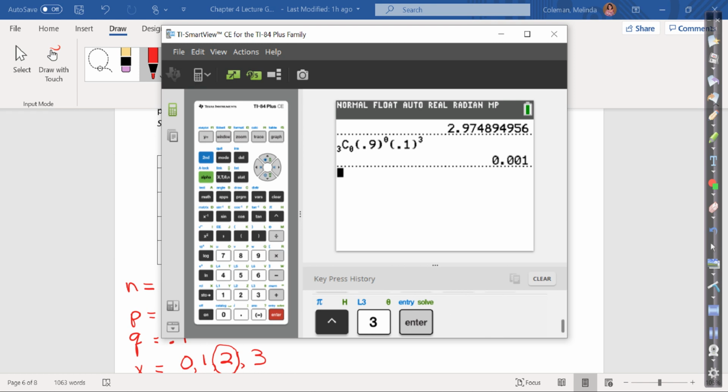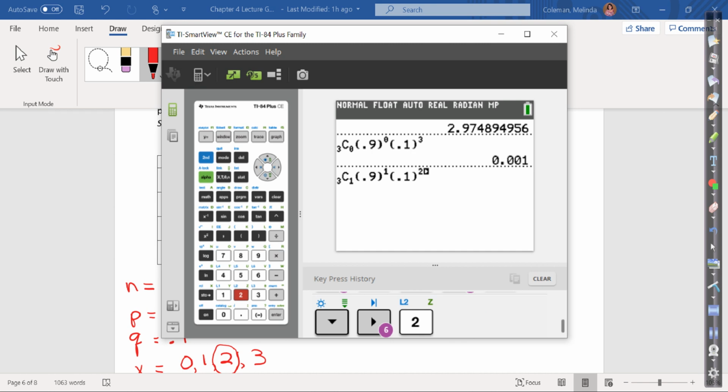Now, to help with all the struggles of this calculator, one of the best buttons on here, if you haven't already found it, is the back button, which is this second enter button. So if I hit second enter, that gives me the previous thing, and I can go back and now make my corrections. So the next one would be 3C1. When I change that 1, I have to change my success to a 1, and then my failure exponent to the 2.